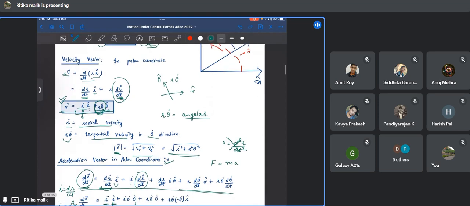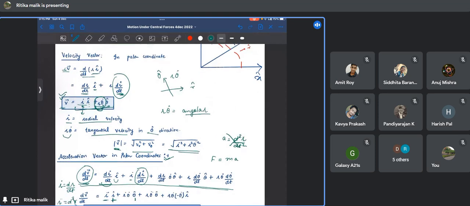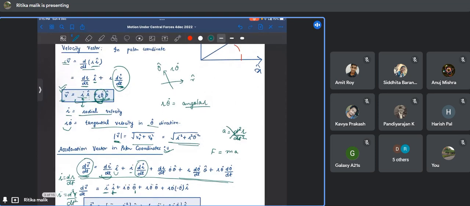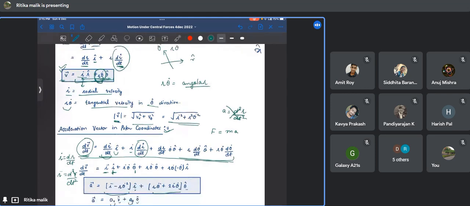And when you differentiate dv by dt, again you differentiate every part of it: r dot r cap, r theta dot theta cap. All these components you have to differentiate and then put in the value of dr cap by dt, and similarly d theta cap by dt.